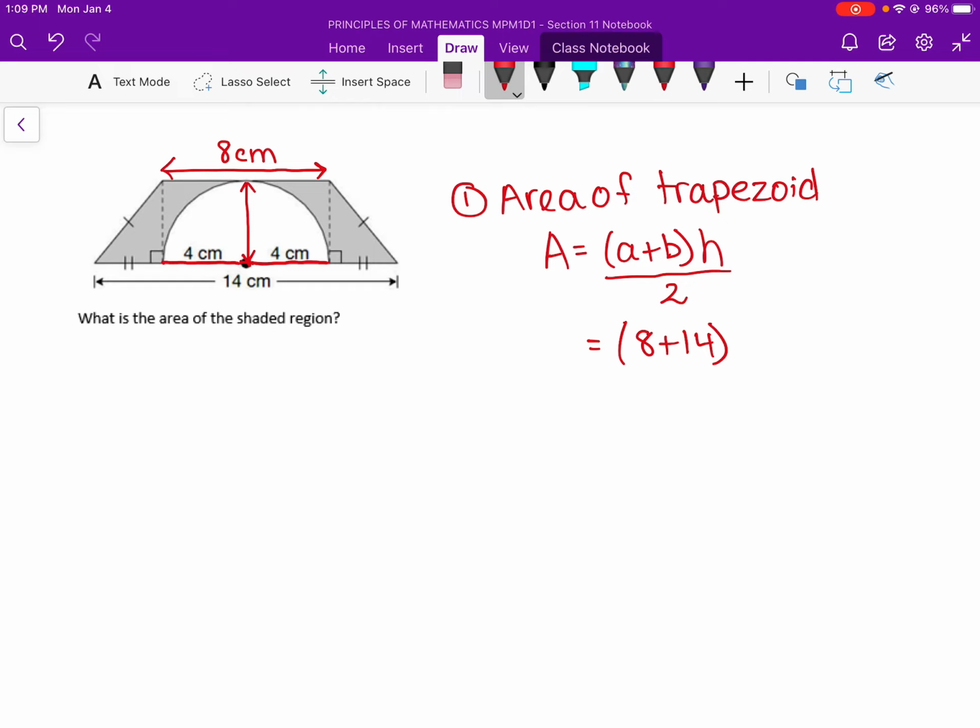Who knows what the height would be? Oh yeah, Brian, you got the trapezoid too. Nice. Do you guys know what the height would be?